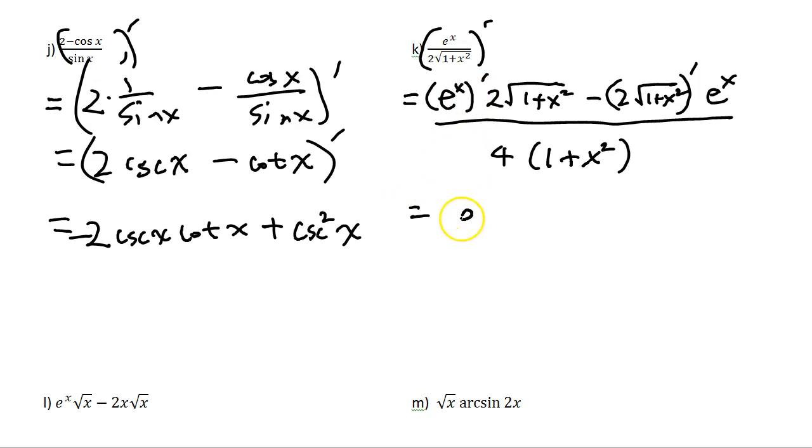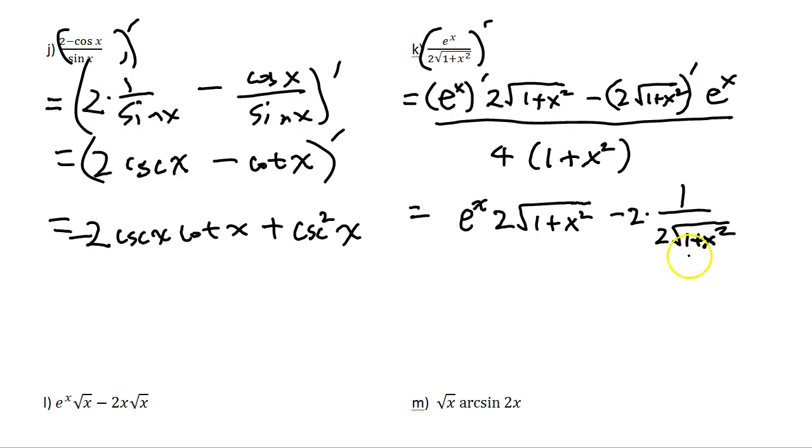Right, this is e to the x. And square root differentiates to 1 over 2 square root. So instead of 1 over 2 square root of x, you have 1 plus x squared, so that goes in. But see, 1 plus x squared is the inside function, so at this point you have to use the chain rule.